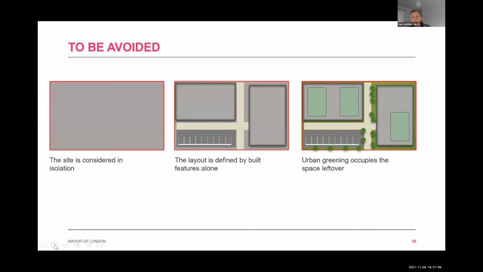And then the layout is often defined by the built features alone, so perhaps the parameters of buildings and car parks and infrastructure elements and circulation. And then the bit to be avoided is where we have urban greening or landscape design occupying only the space that is left over. And I appreciate this is a very simplistic example, but this is the kind of scenario that the UGF and policy G5 seeks to avoid.